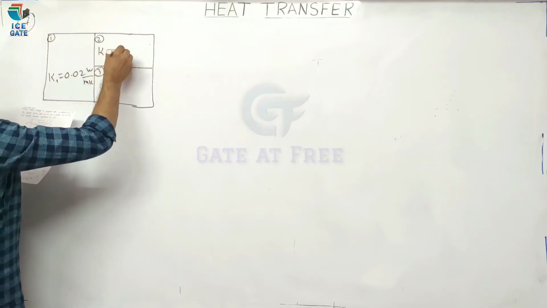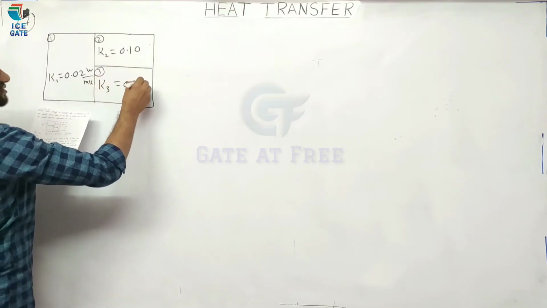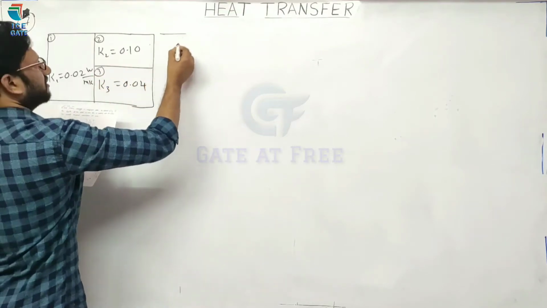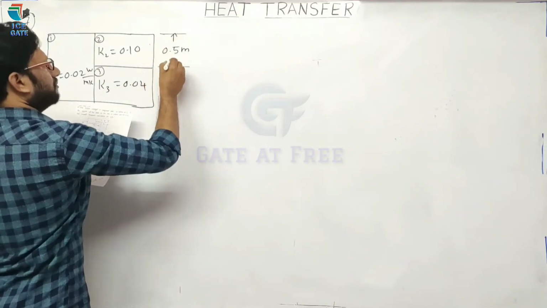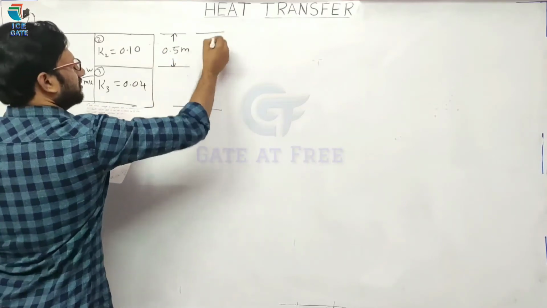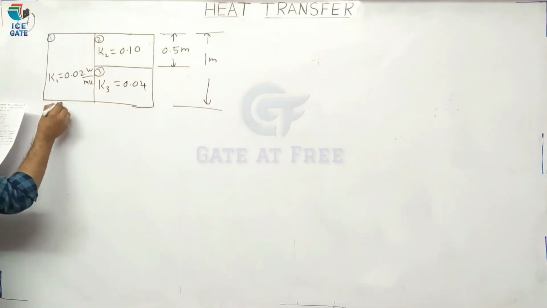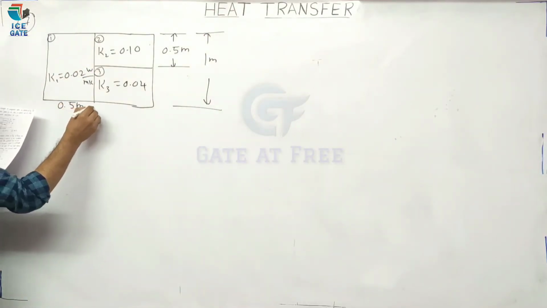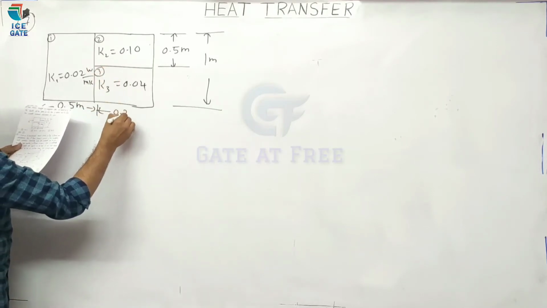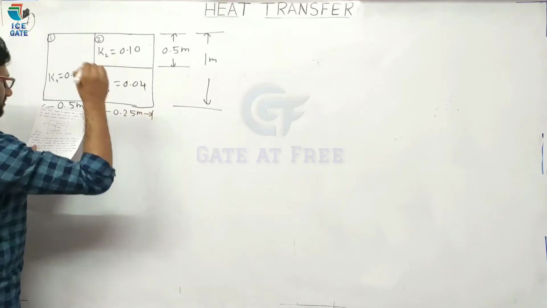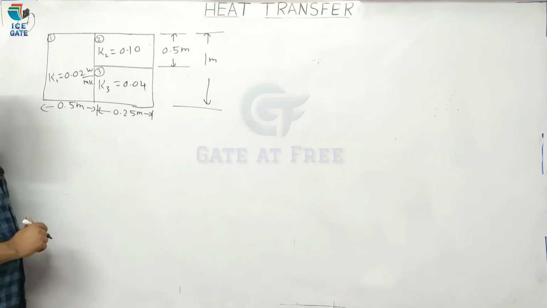Now K2 is equal to 0.10, K3 is equal to 0.04 watt per meter Kelvin, and the second slab depth is 0.5 meter, and total it is 1 meter. Here the thickness of the first slab is 0.5 meter, and the thickness of both second and third slab is 0.25 meter. Okay, this is the given data. Now we have to calculate total resistance.